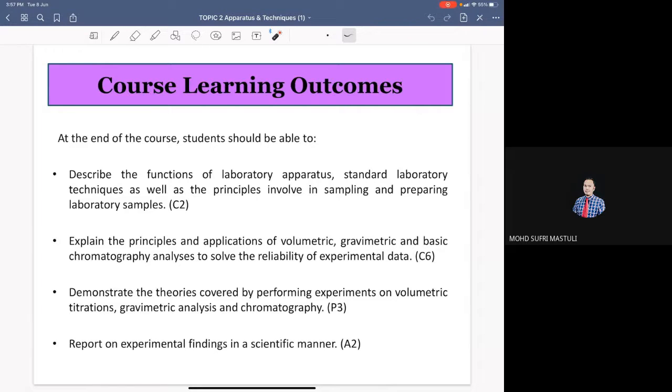Explain the principles and application of volumetric, gravimetric, and basic chromatography analysis to solve the reliability of experimental data. Demonstrate the theories covered by performing experiments on volumetric titration, gravimetric analysis, and chromatography. Students also should be able to write a report on experimental findings in a scientific manner.